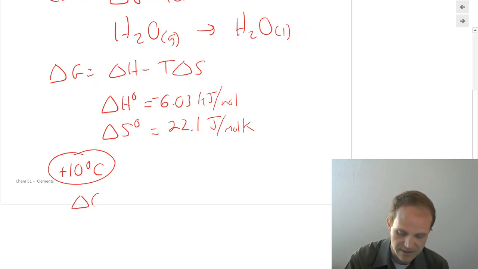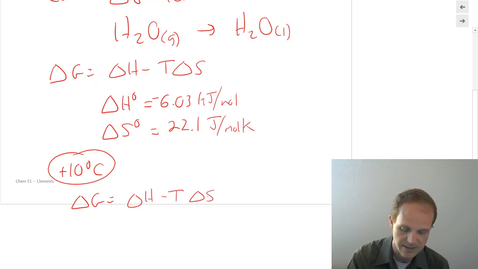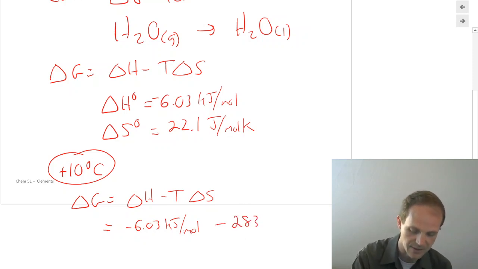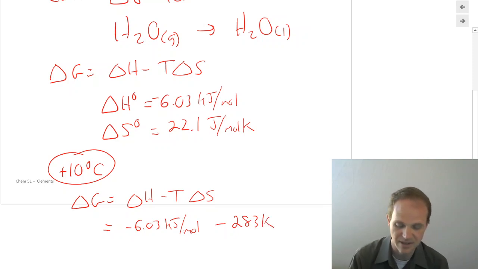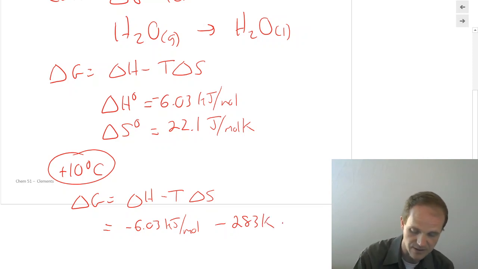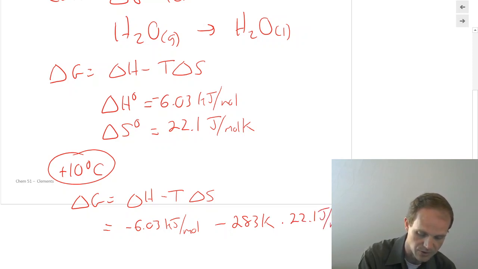We're going to calculate delta G equals delta H minus T delta S, and we're going to say that that is minus 6.03 kilojoules per mole minus temperature, right? 10 degrees Celsius is going to be 283 Kelvin. Always have to be in Kelvin, right? Because our units down here are in Kelvin, times 22.1 joules per mole Kelvin.